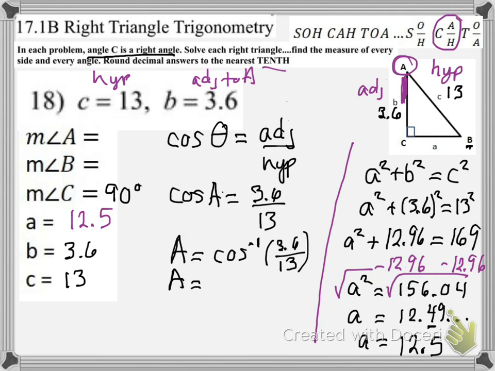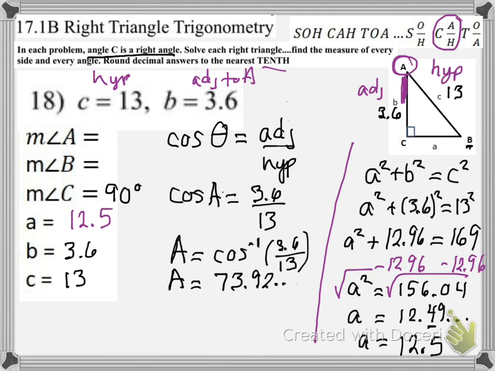Usually, inverse cosine on most calculators means using your second or shift button, then your cosine. Just like when we were doing 17.1a, make sure you know whether your calculator wants the number before or after the cosine button. Most calculators are typed in this order, but we get the inverse cosine by pressing second or shift.